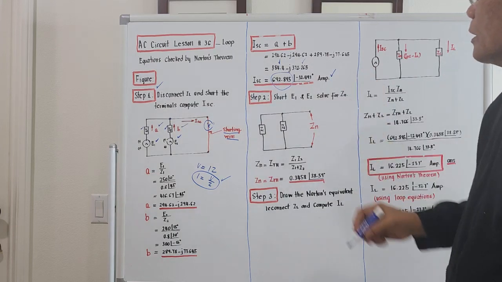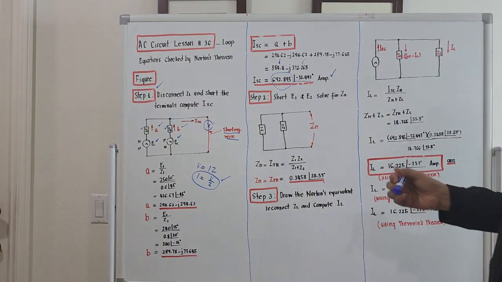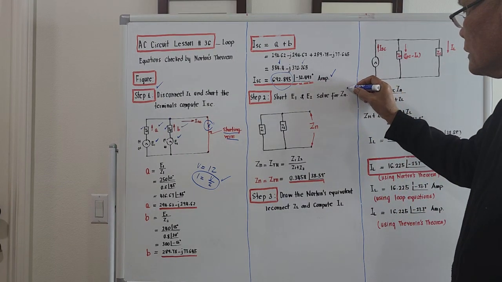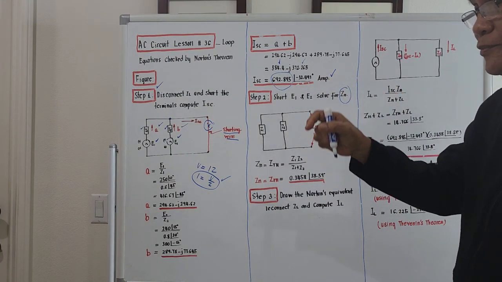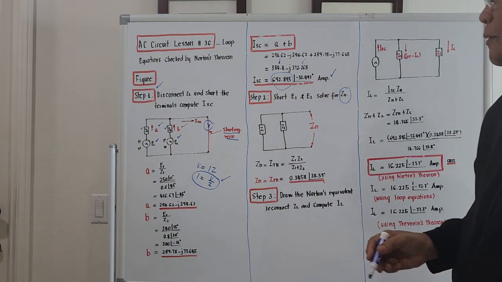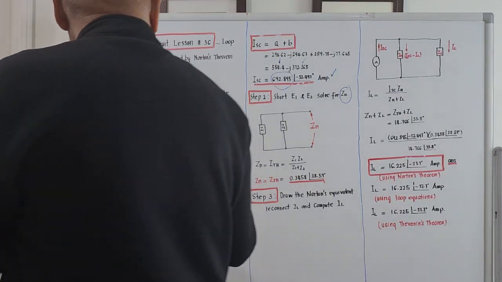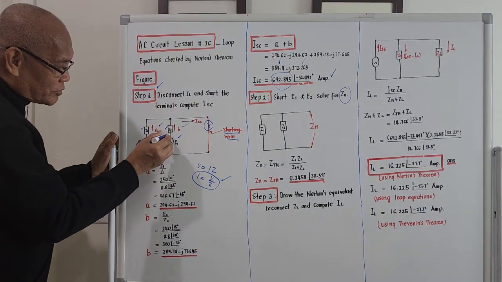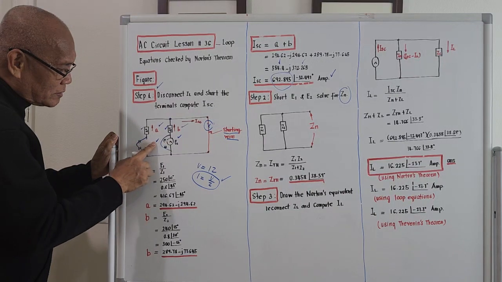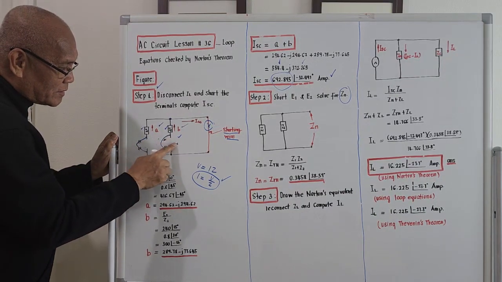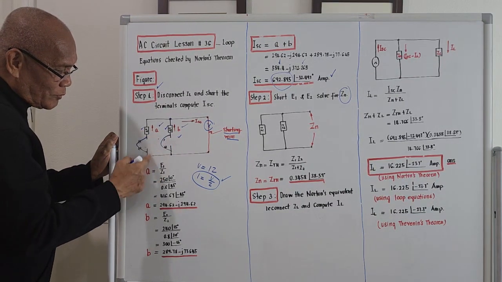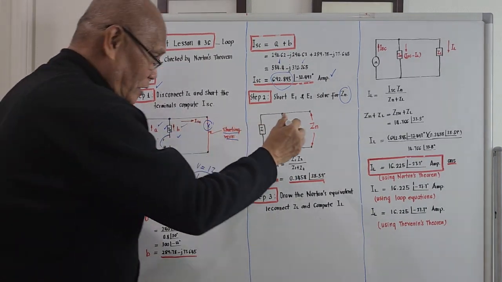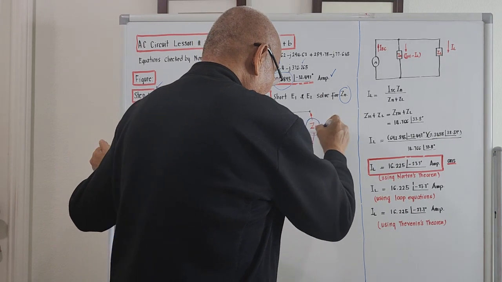Okay. What's next? We short E1 and E2 and solve for Z sub N. That's the number 2 step for Norton's theorem. We short out E1 and E2, meaning we remove the sources. Then put an ohmmeter at the terminal.